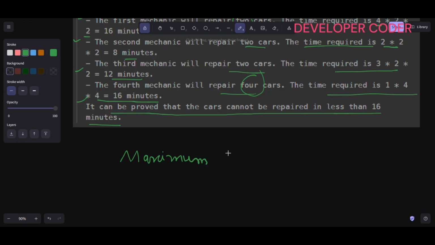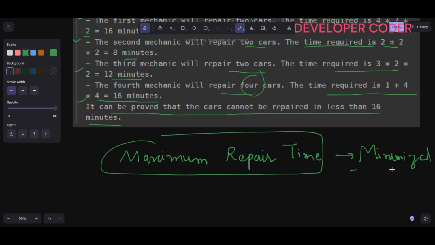In this way we have to distribute the cars, right? So where is this hinting?